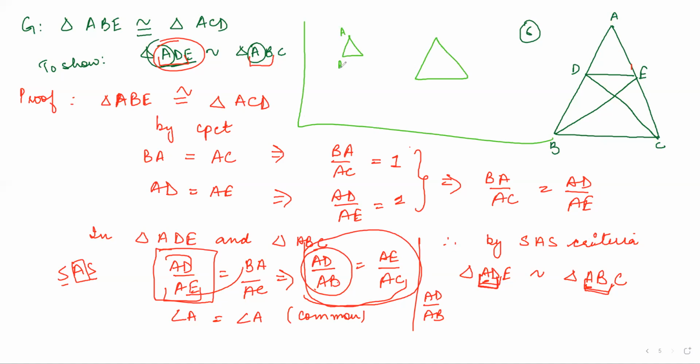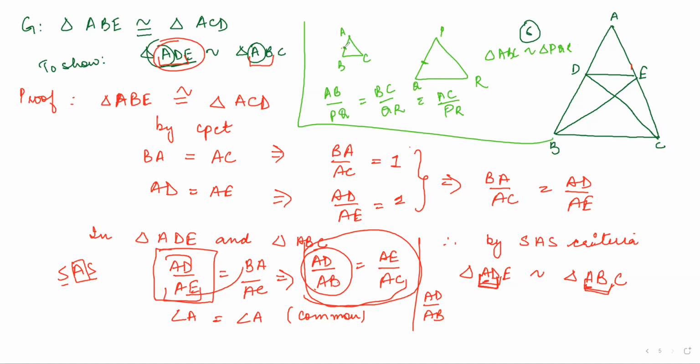Let's say ABC is similar to PQR. If they are similar, that means the side of one is in proportion to the side of the other. So AB by PQ will be equal to BC by QR, will be equal to AC by PR. That's how it works if ABC is similar to PQR. If I take the side of one, then I take the side of the other, because I am proving the triangles to be similar.